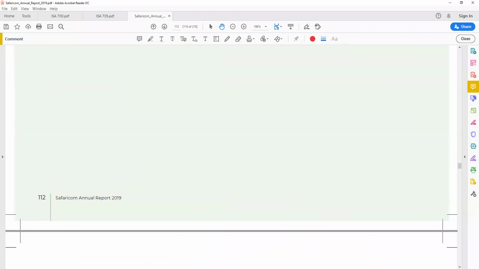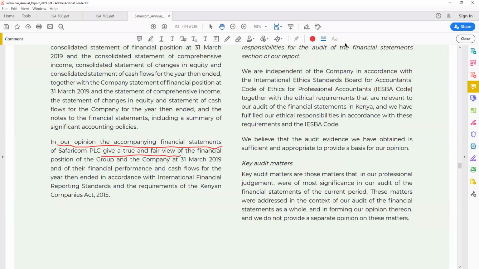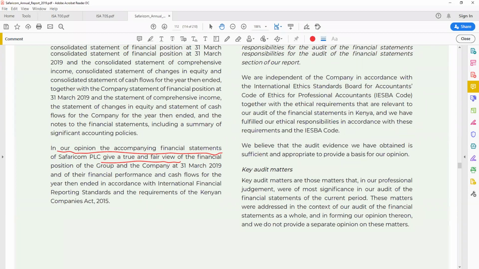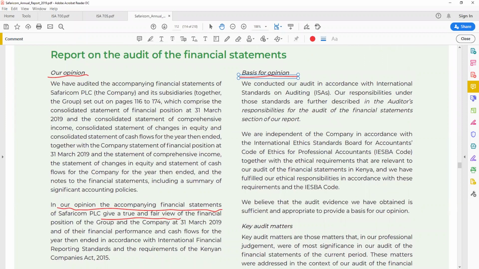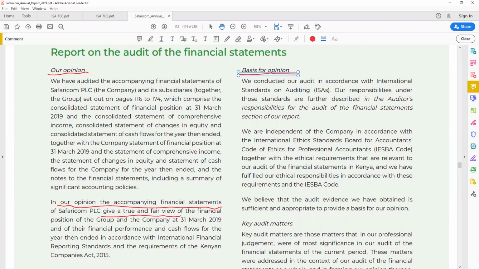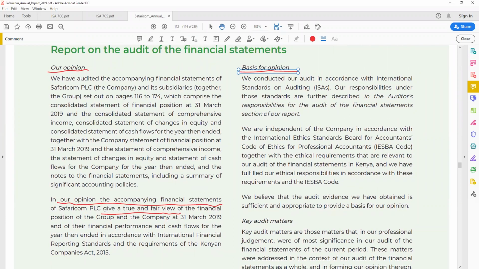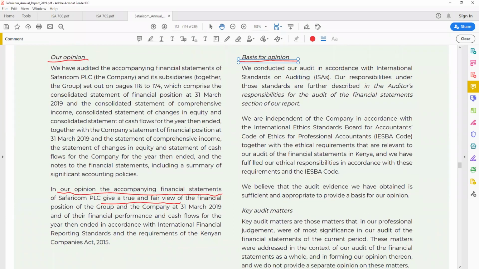So I'm trying to go through the accounts of the company. First, PwC: it seems there's no issue regarding the going concern, so they skipped that as part of their report, because there's no need of mentioning the going concern.